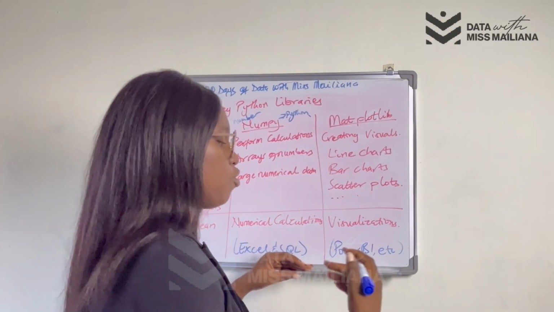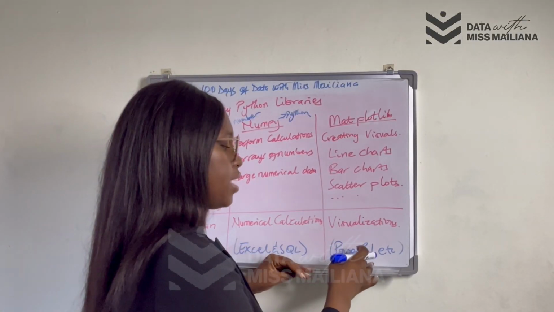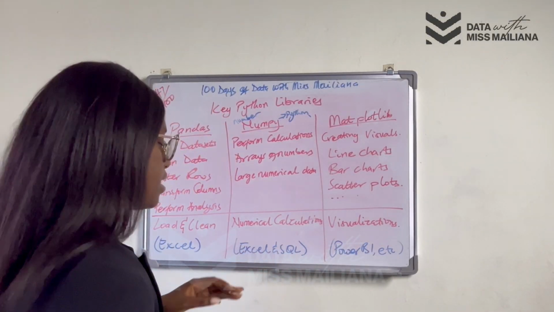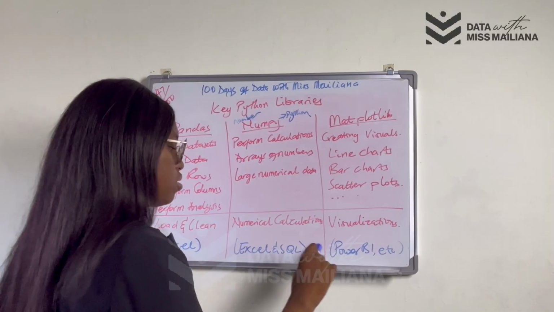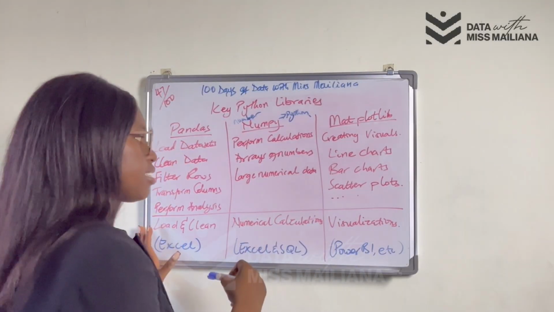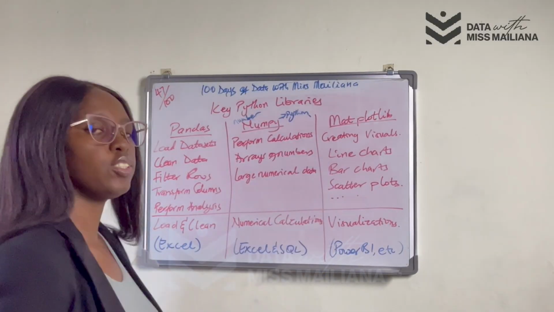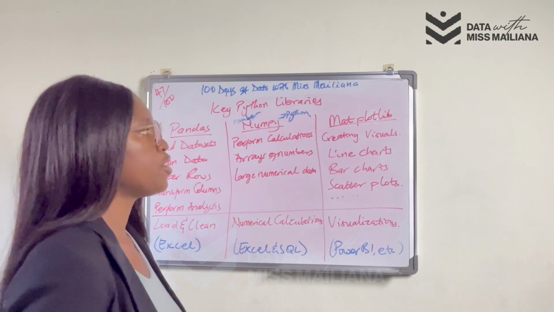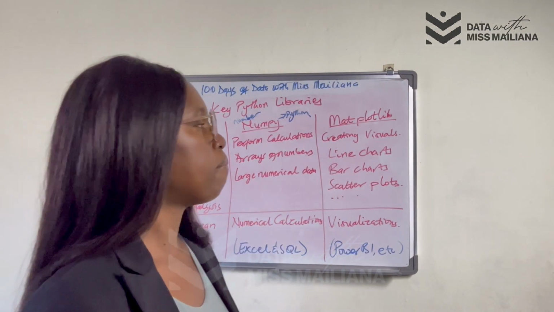Then you take the information into Power BI and create your visuals. That means all that these tools do can be done in Python. Do you understand? So these are the key Python libraries. There are many more, but these are the key ones as you start your journey.